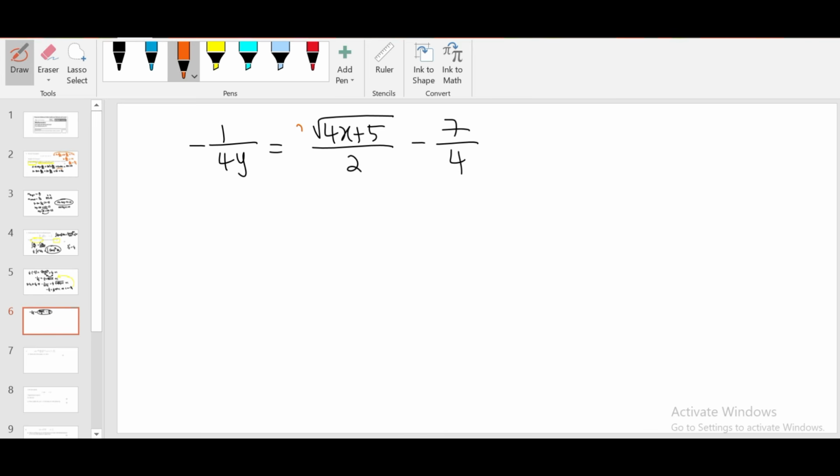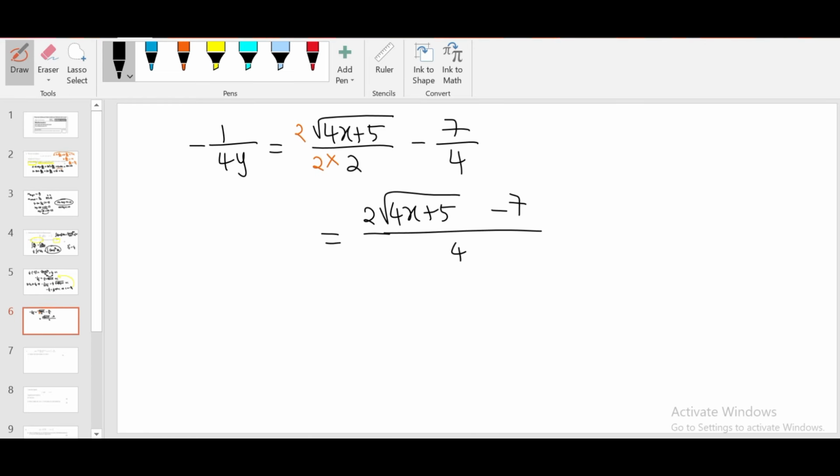So I'm going to multiply and divide by 2, so I'll get a common denominator 4. So I can write this as 2 square root of 4x plus 5 minus 7 divided by 4, which is minus 1 over 4y. Flip both sides, you will get minus 4y is equal to 4 over 2 square root of 4x plus 5 minus 7.